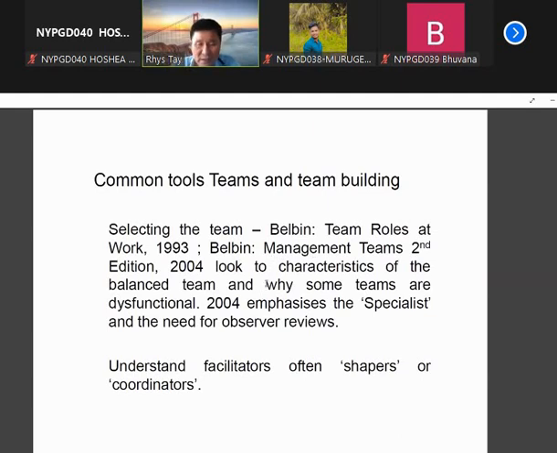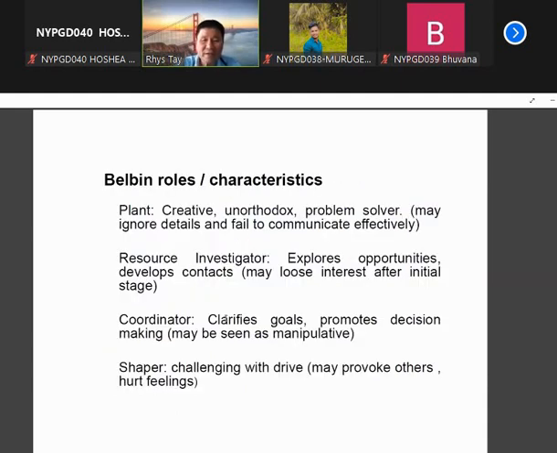You understand the facilitator, often the chairperson or coordinator, right? All these are terms. As for Belbin roles and characteristics, I don't want to explain further because you may get confused. I don't want to do this because it is not a common subject in construction.